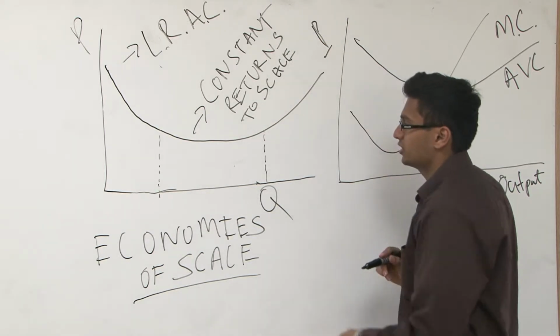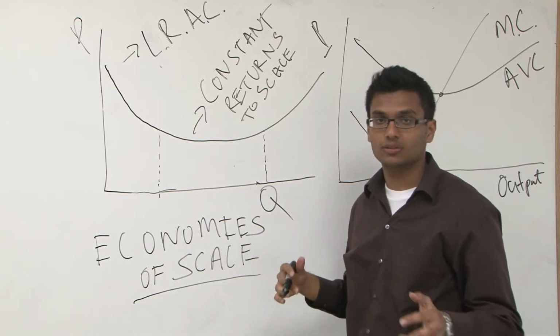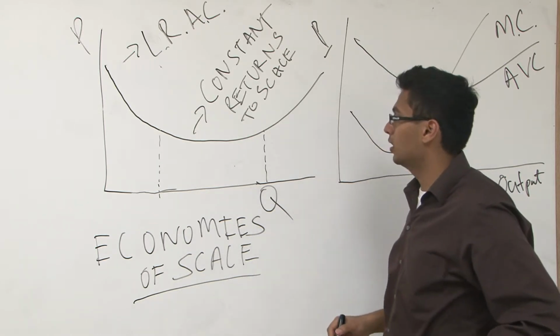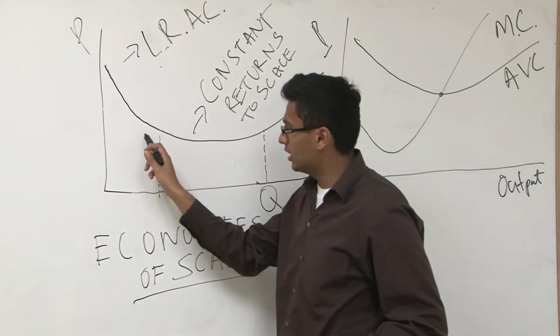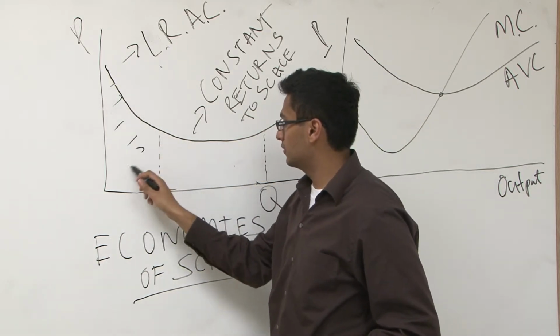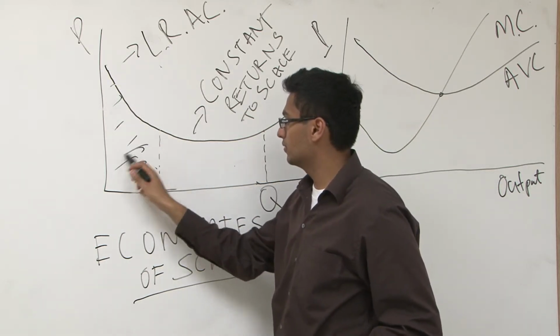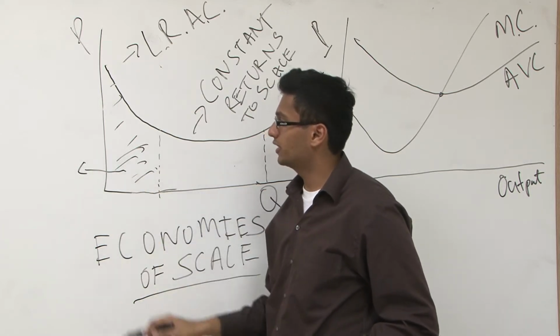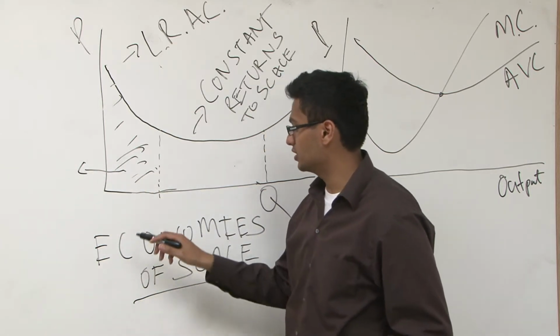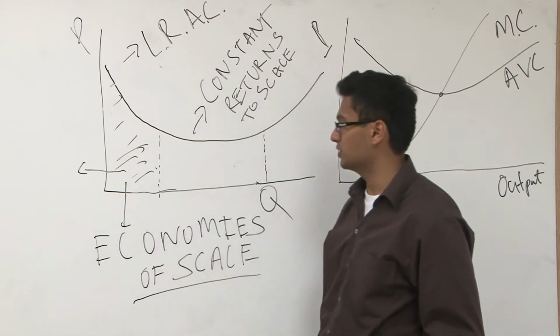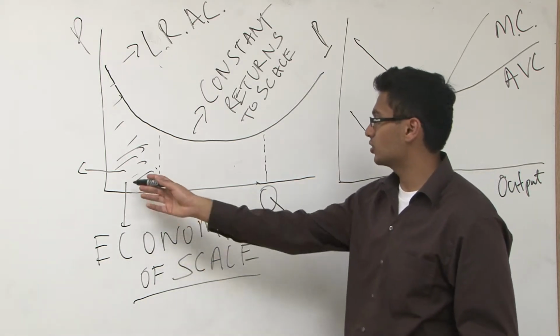And I apologize if you guys are tilting your head, but I'm going to say it again. It's constant returns to scale. This region is called economies of scale.